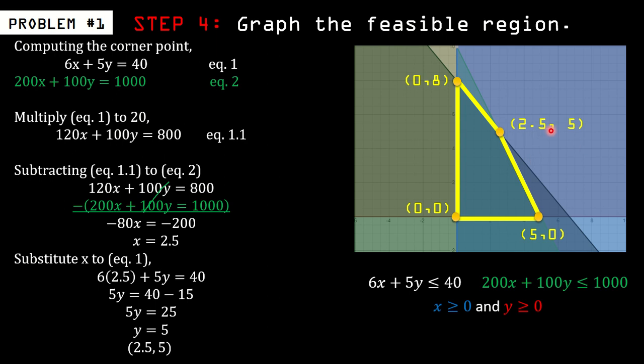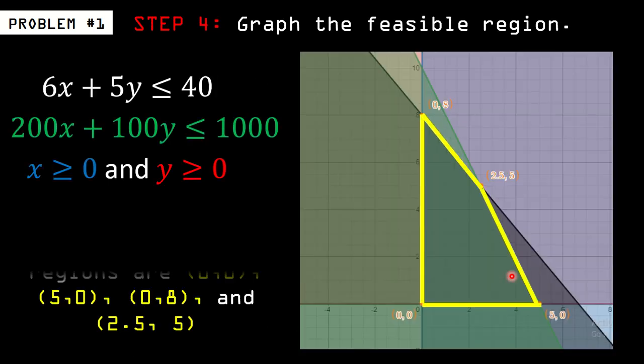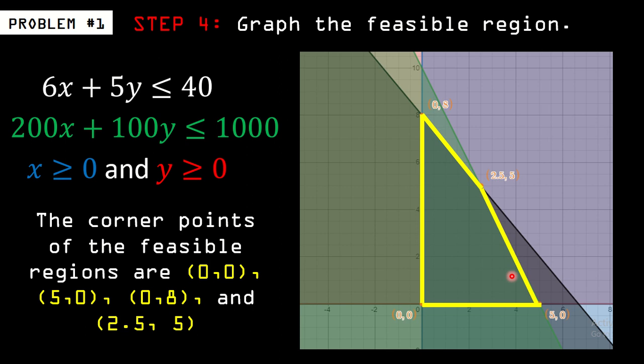We just identified the point of intersection by using the elimination method for the two linear inequalities: 6x plus 5y is less than or equal to 40, and 200x plus 100y is less than or equal to 1000. So in our step number 5, we now have the 4 corner points.